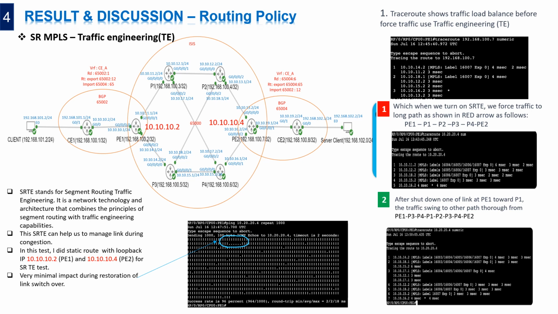Number 1, which we highlight, is that when we turn on SR-TE, we force the traffic to the long path. So as you can see, the traffic goes the long path, from PE1 to P1, P2, P3, P4, and P2, instead of the shorter path. Number 2, after we shut down one of the PE1 to P1 links, traffic goes through the path like the green arrow.